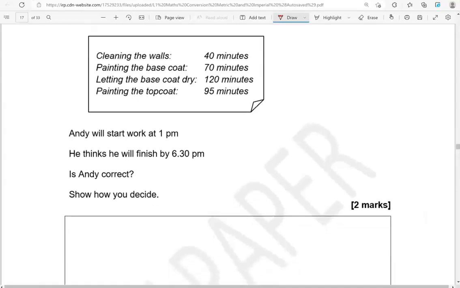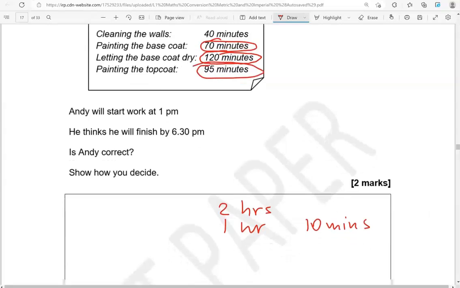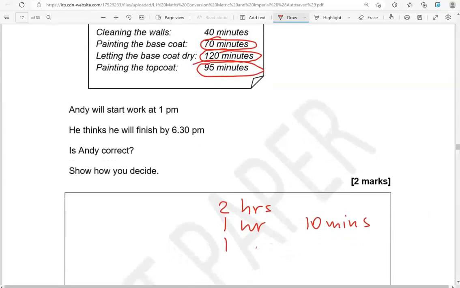There are different ways we could use to work this out. We've got 120 minutes here, which is the same as 2 hours. We've got 70 minutes, which is 1 hour and 10 minutes. We've got 95 minutes, which is 1 hour and 35 minutes.